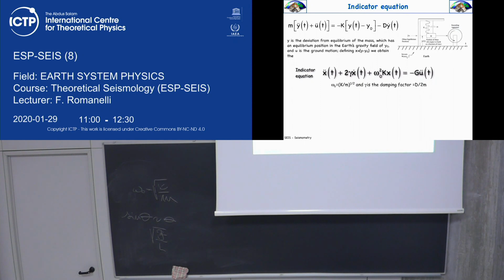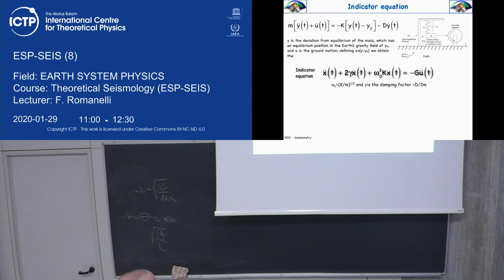So this and this. And actually, the displacement that you can measure there will be proportional to the acceleration of the ground. The two derivatives are acting. On the other side, if I move it very slowly, the relative displacement is going to 0.